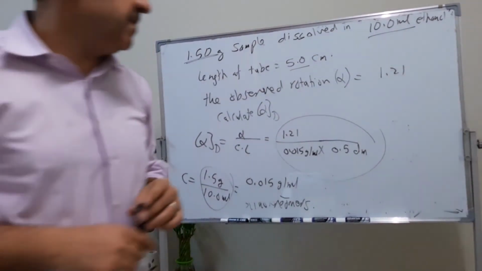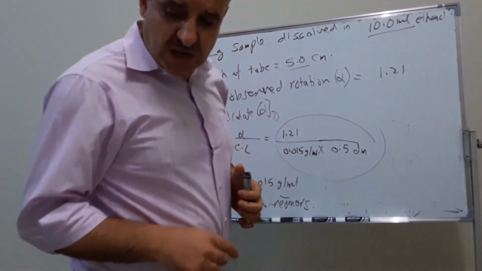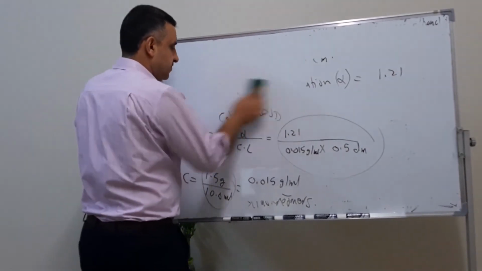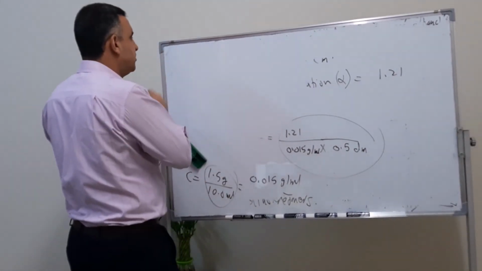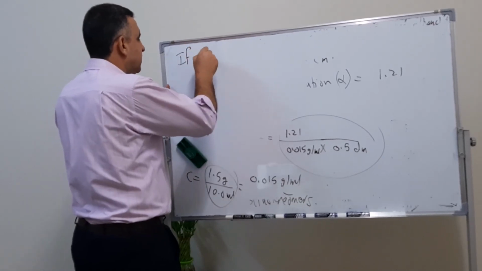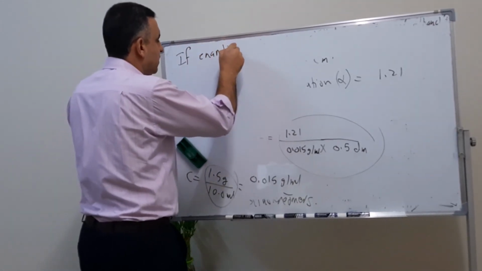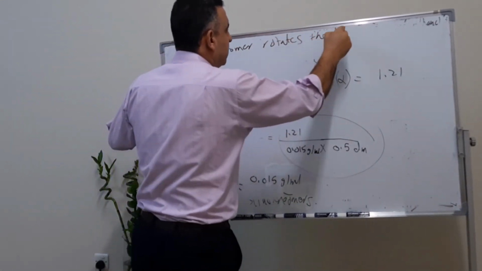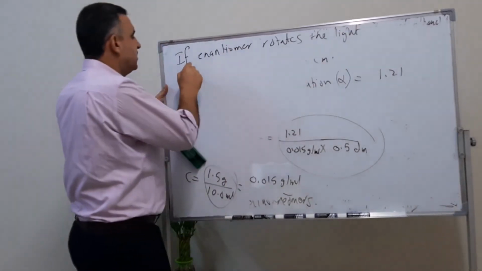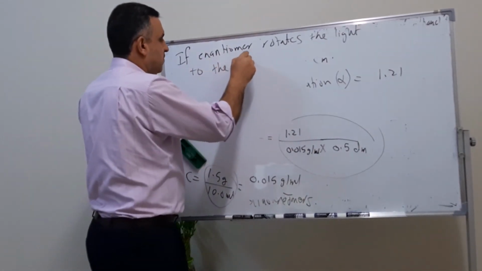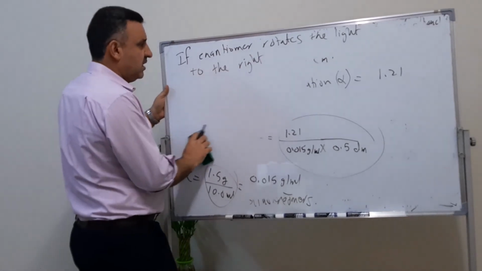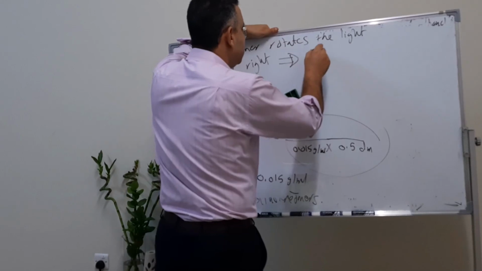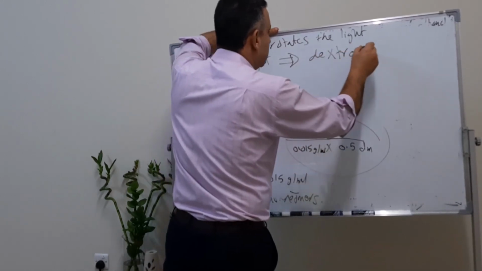So that's why, if any enantiomer rotates the light to the right, we call this enantiomer dextrorotatory.